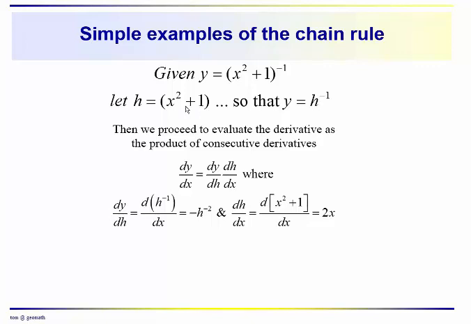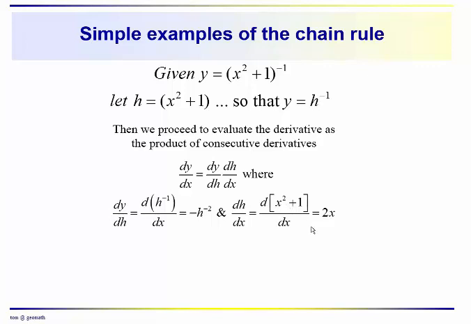h is equal to x squared plus 1, so we know that that derivative is equal to 2x. The derivative of h to the minus 1 is going to be minus h to the minus 2. So we have these two components of the chain rule. Our dy/dh is equal to minus h to the minus 2, which we'll substitute back in there.